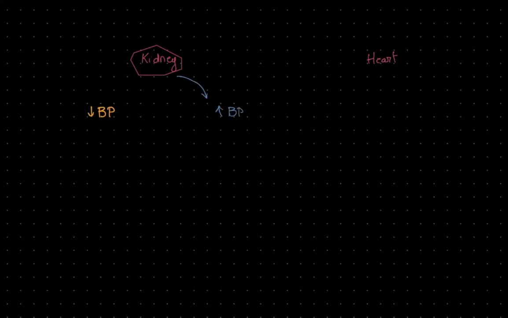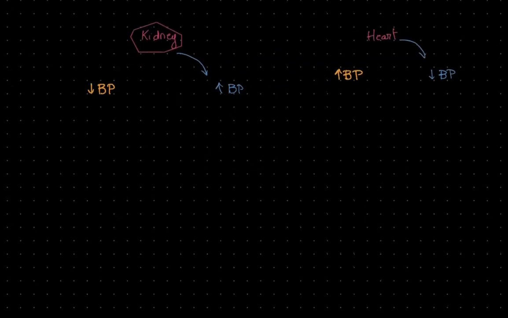And that the heart hates having a high blood pressure because it represents like an afterload for it. So in response to a high blood pressure, it wants to reduce it back to normal.